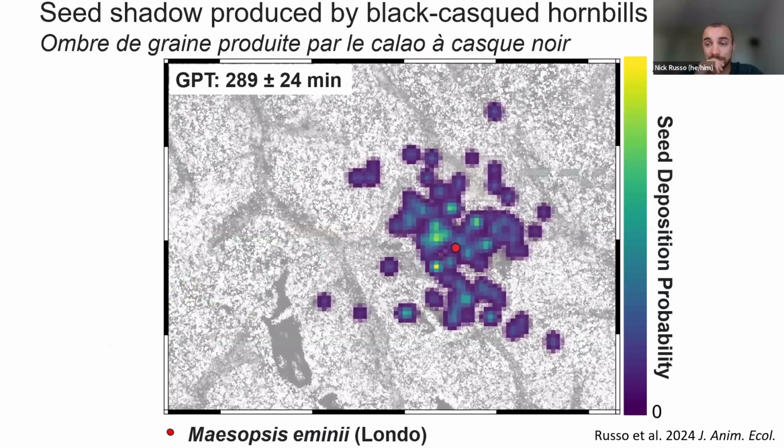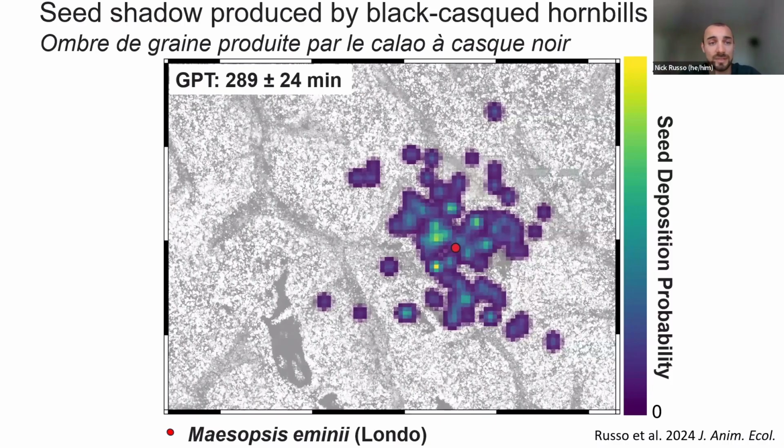This is kind of a zoomed in view of what one of the main products of this research was. This is a seed shadow produced by black-casqued hornbill after foraging on Mysopsis eminii, which is known locally as londo. And a seed shadow is essentially just the radial pattern of seeds dispersing away from the crown of a parent tree.